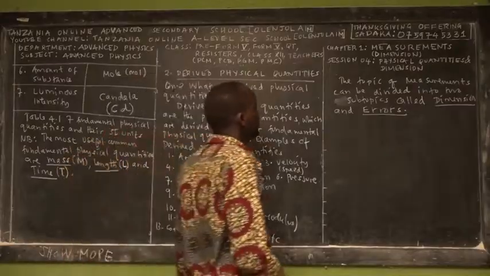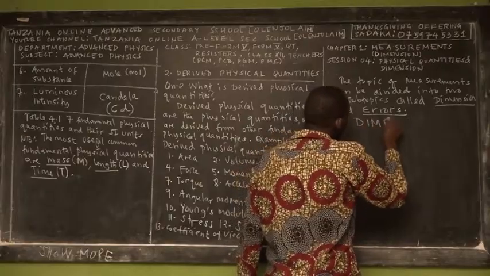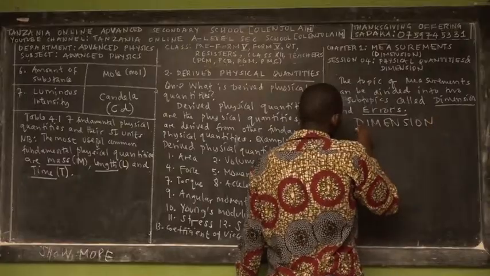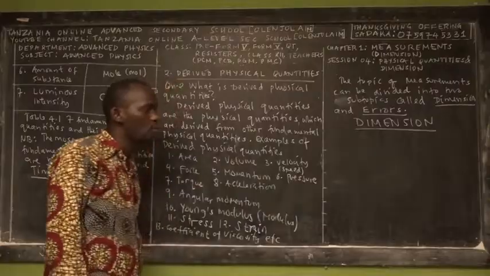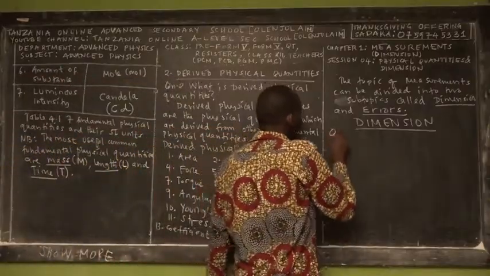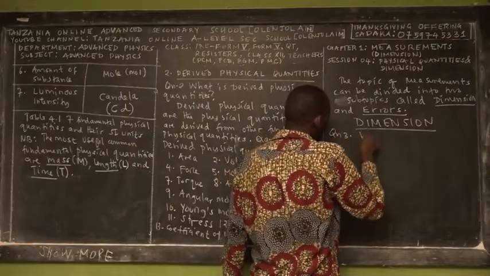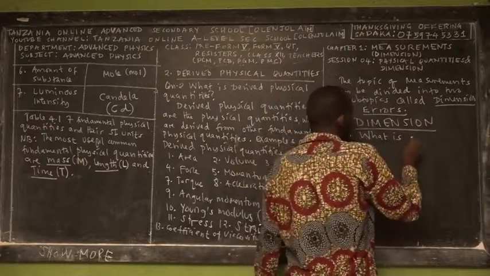Right now, let me teach you, ladies and gentlemen, about dimension. Just recall, in short, dimension, but we mean dimension of a physical quantity. And the third fundamental question for this session is, what is dimension?